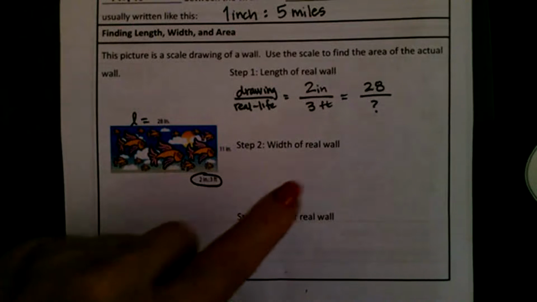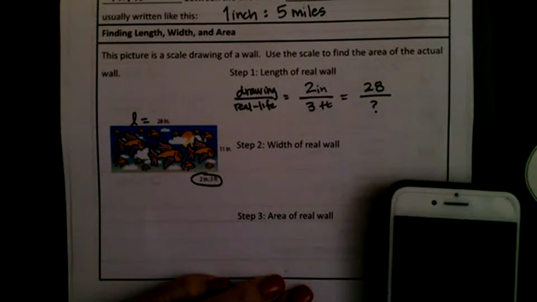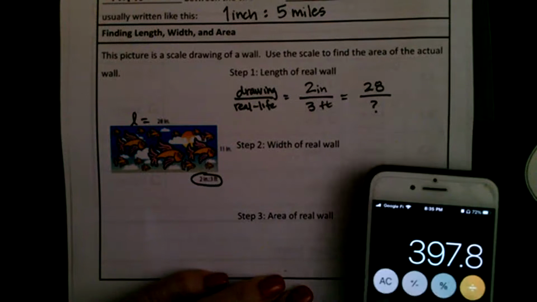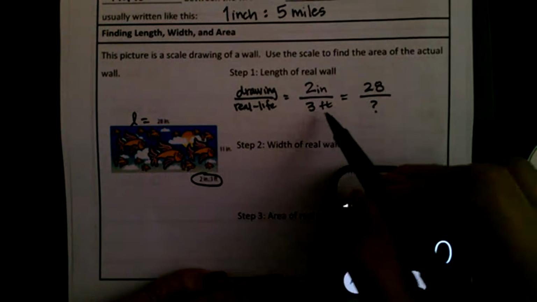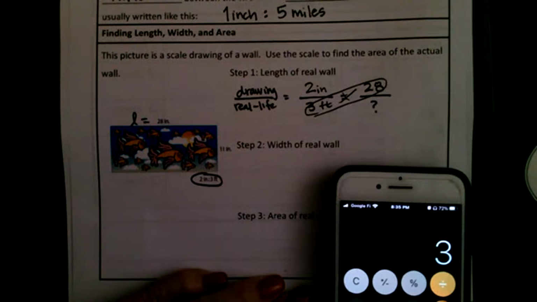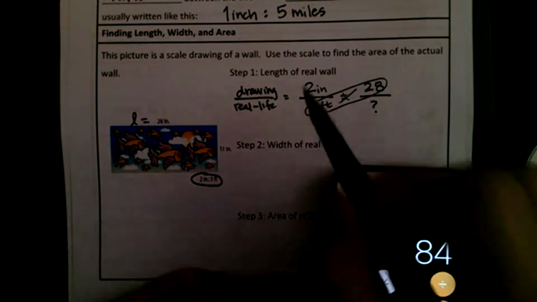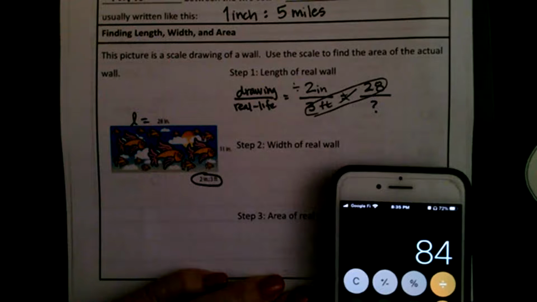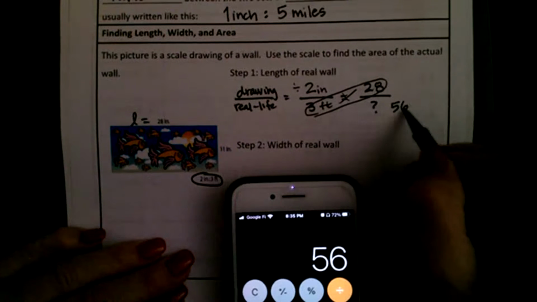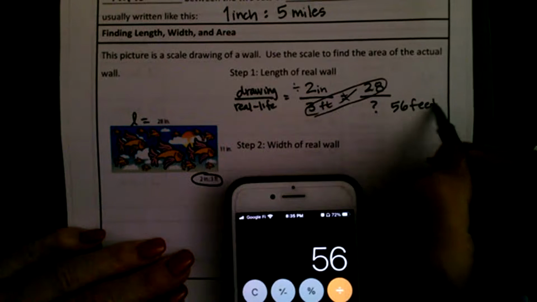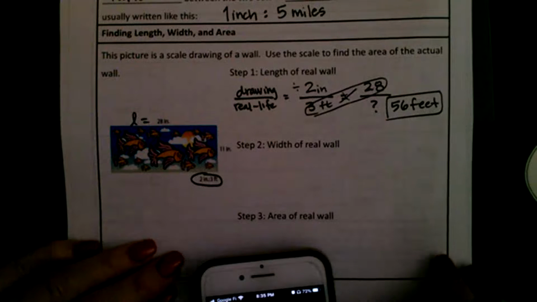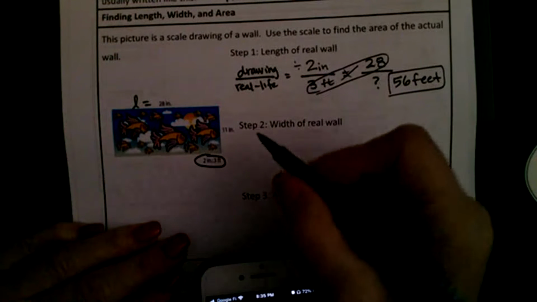So we can use our calculator, and the way we solved proportions before, in the ratios and proportions unit, is we're going to multiply 3 times 28, 3 times 28 equals, and then we're going to divide by that third number, divided by 2, and we get 56. So in real life, it's 56 feet. That's the length, okay? Now we're going to find the width of the wall, all right? So we're going to do the same thing.